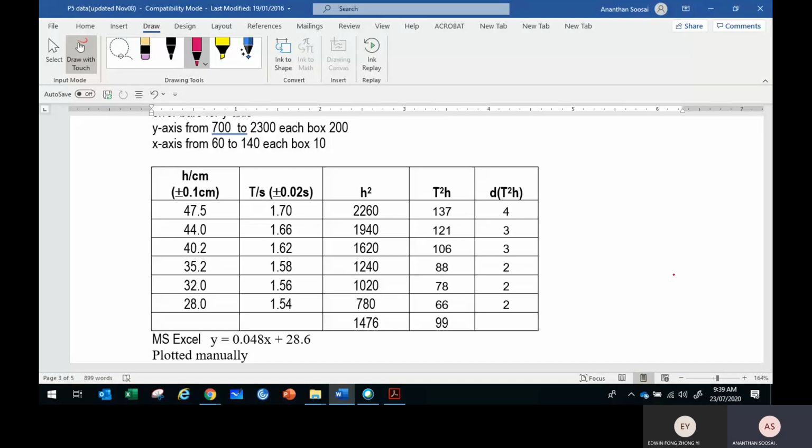The error for t squared h is 4. If you got 4, then good. T squared h actual minus t squared h minimum, you get 4. The second method. There can be a slight difference.